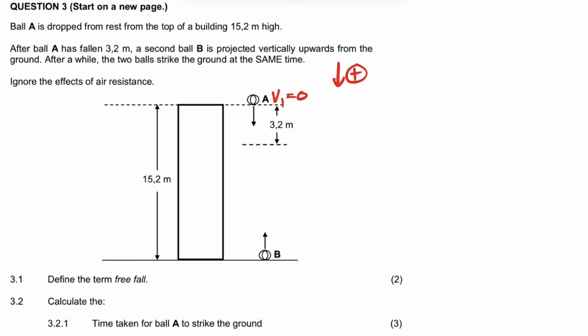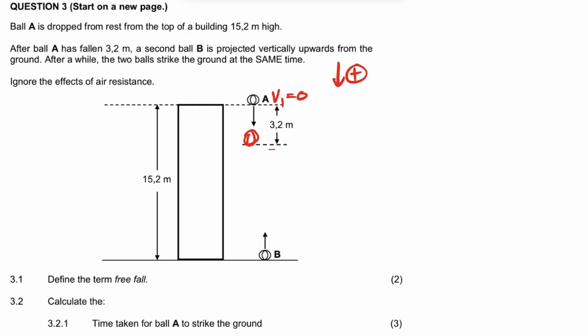Now it says that after ball A has fallen 3.2 meters, a second ball is projected vertically upwards from the ground. So when ball A has traveled this distance, that is 3.2, ball B was projected vertically upwards.